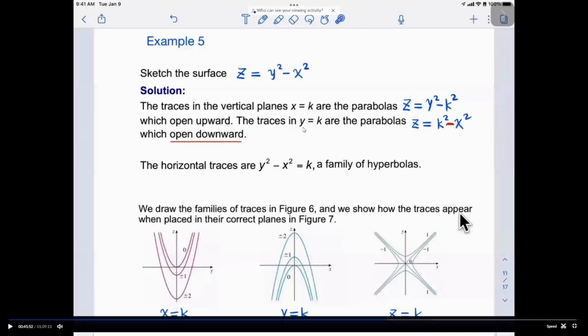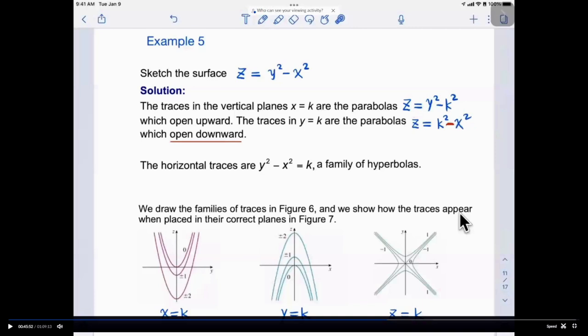And if you set y equal to k, replacing the y here by k, you get this. That is a parabola that opens downward, right? So if you take the vertical plane x equal to k and cut the surface, then we end up with a parabola.